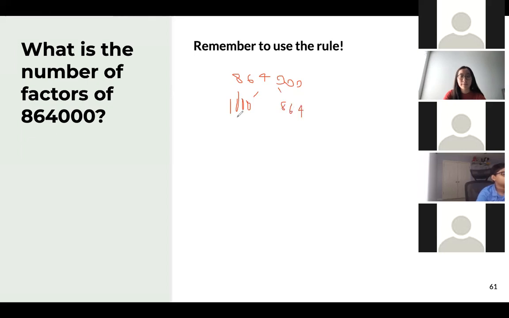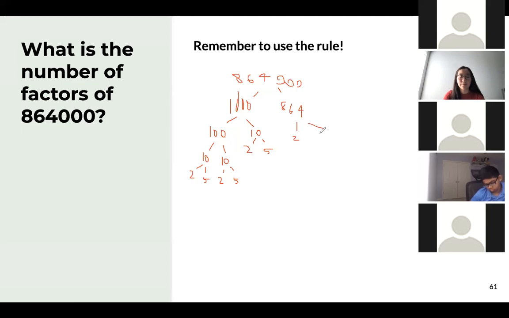And each of these go into 2 and 5. Okay, and then now we break down 864.